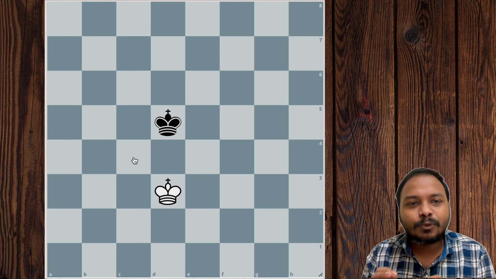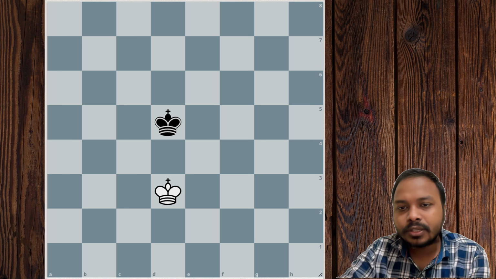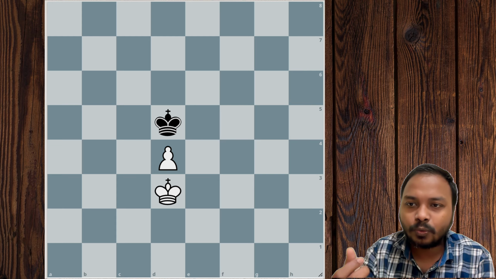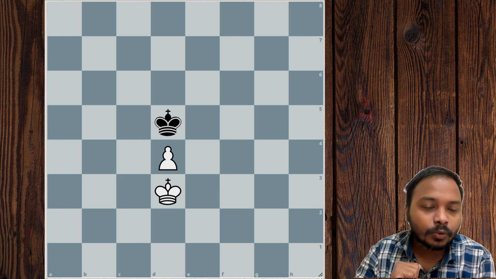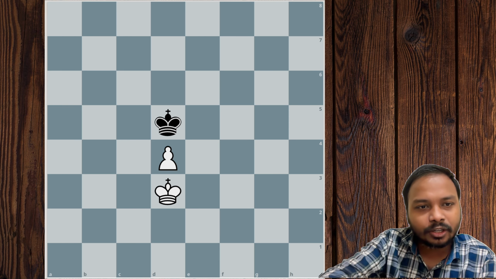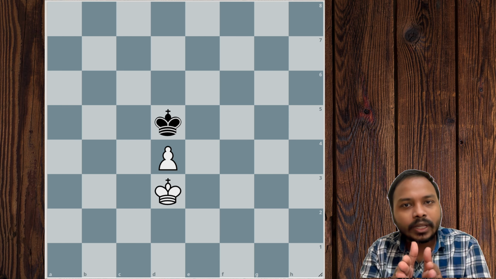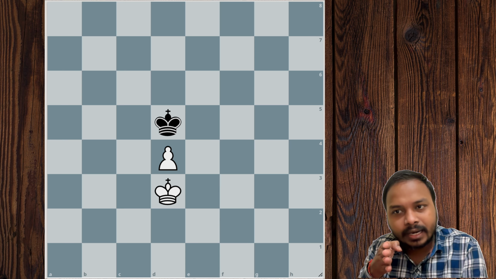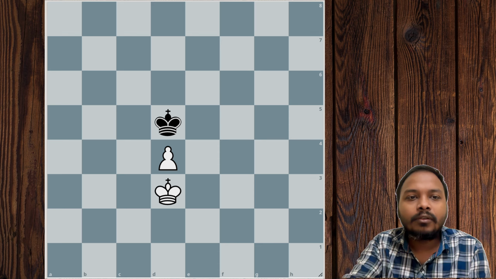Now let's move to some positions, and we will see how the opposition works. Okay, thumb rule: in the pawn endgame, your king should be in front of the pawn. Why? So that your king will remove the obstacles and the pawn can move toward promotion.